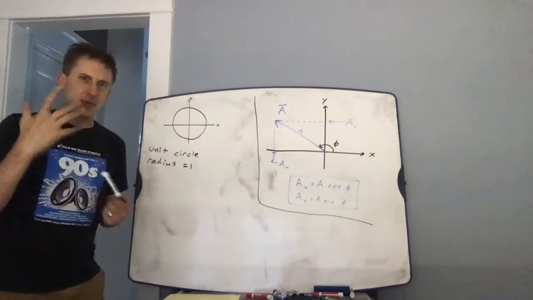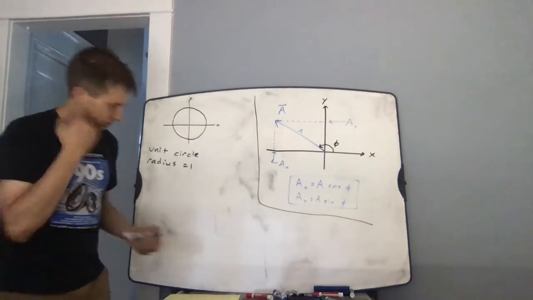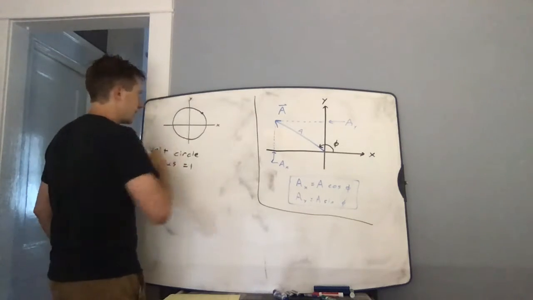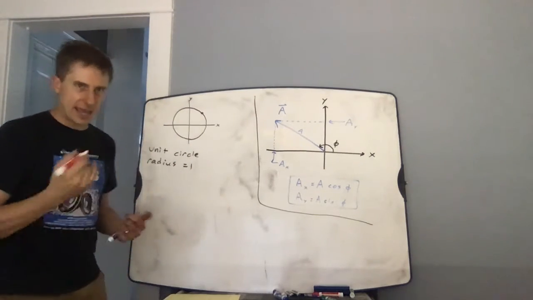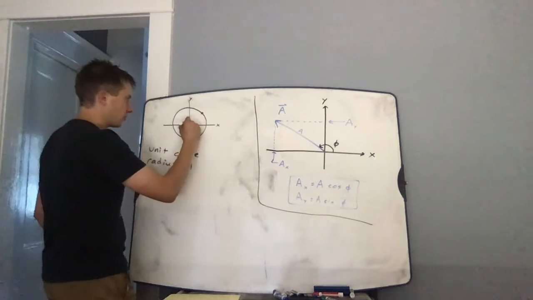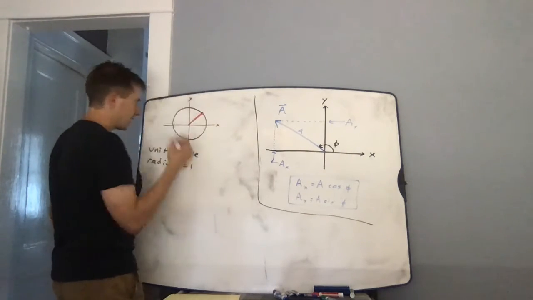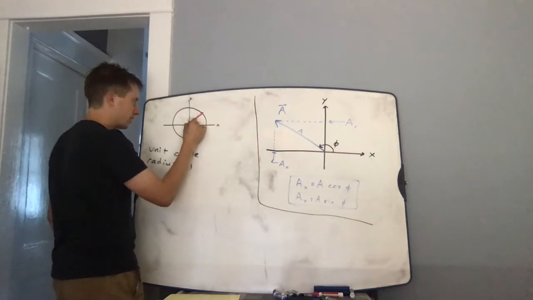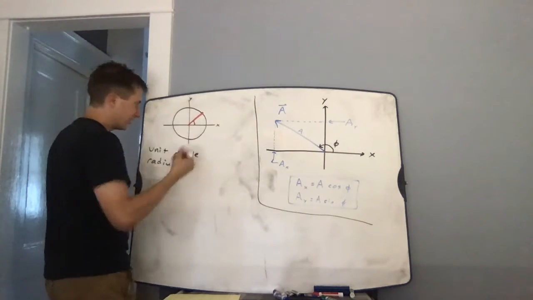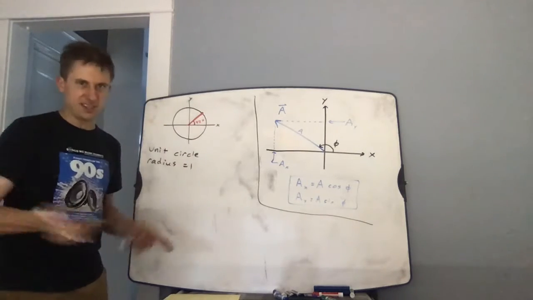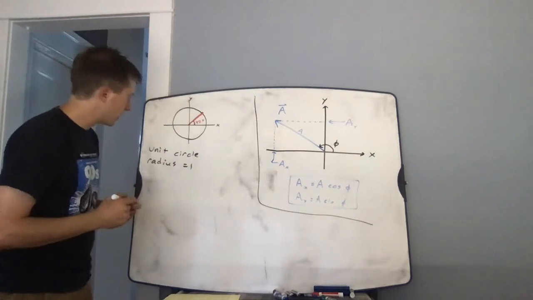And pick any point on the unit circle you want. So you could pick a point right here. Now, if I draw a line from the center of this circle out to this point, this line will make some angle with the x-axis. Let's say this angle is 42 degrees. I don't know what it is, but it seems about 42 degrees.